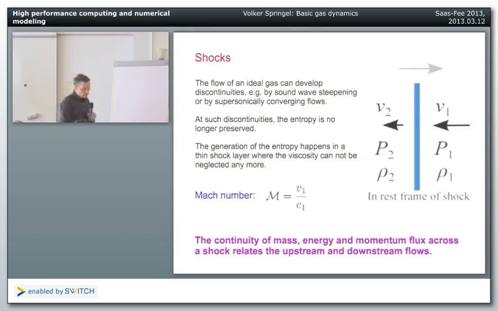And just from this simple idea, you can derive conditions on how these quantities must be related in all cases. In this upstream case, in front of the discontinuity, we define a Mach number as the velocity of the gas relative to the sound speed in this region.